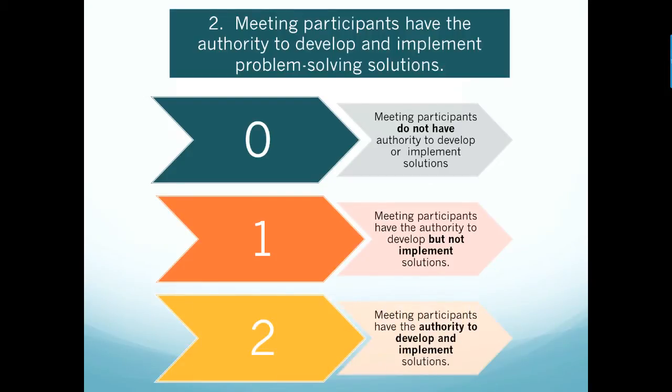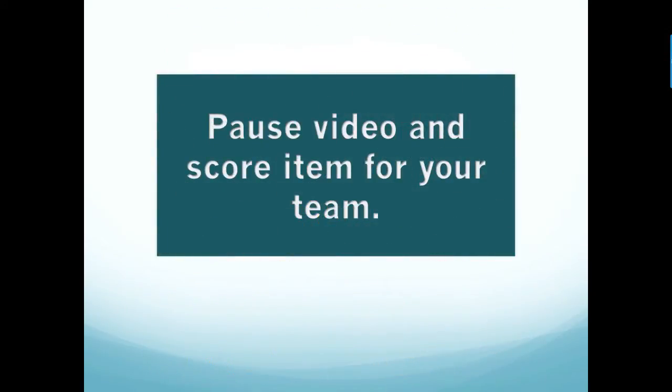A score of 1 says that they have authority to develop the plan, but they will not be able to implement without someone giving it its final okay. And a score of 2 reflects that the team members have the ability to both develop and implement whatever solutions they identify as appropriate for a problem resolution. Now pause this video and score this item.